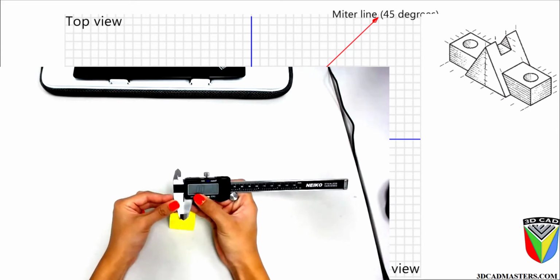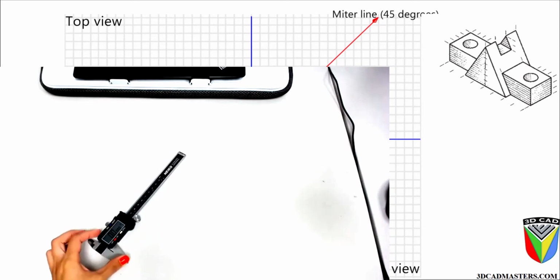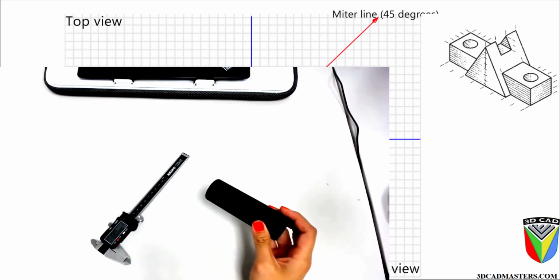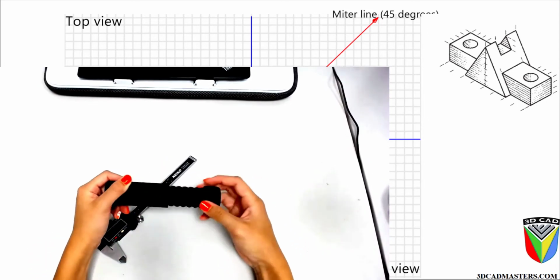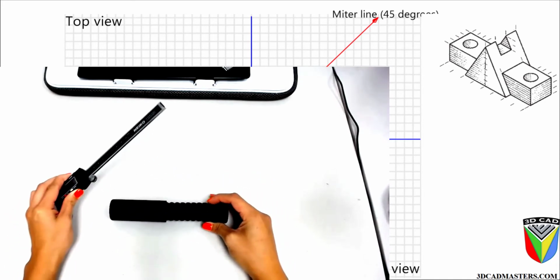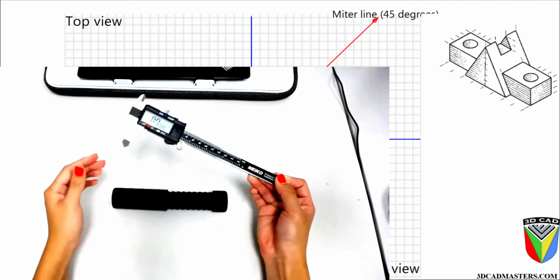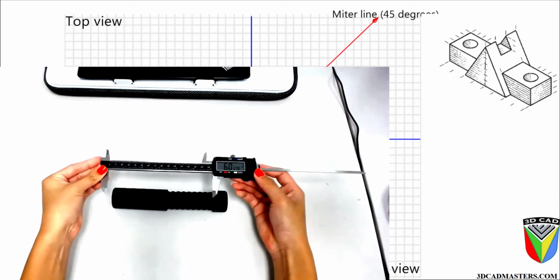So the second thing I would like to talk about with these measurements is how to measure something that is much longer than the actual caliper. So let's get that to be still for a second.